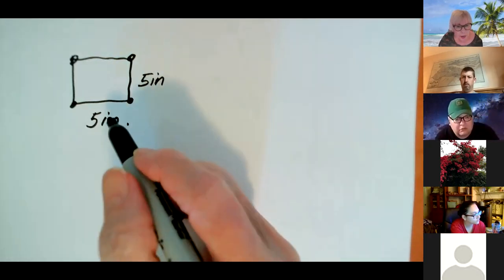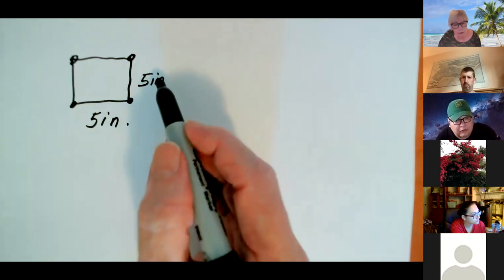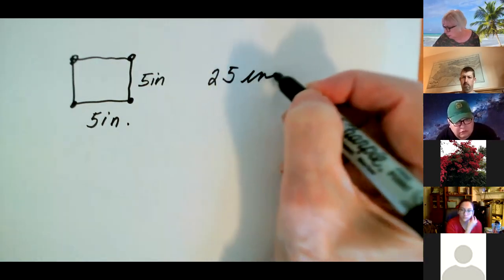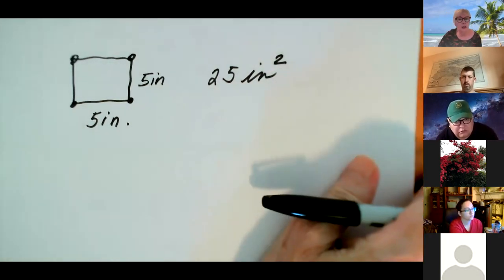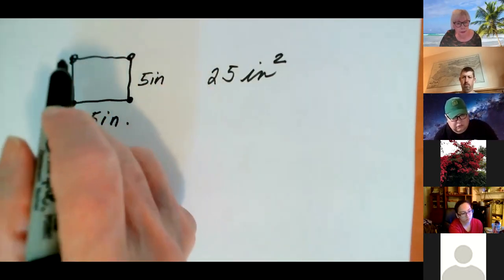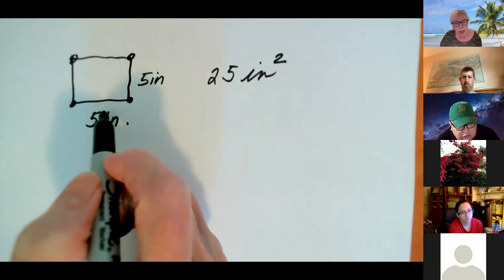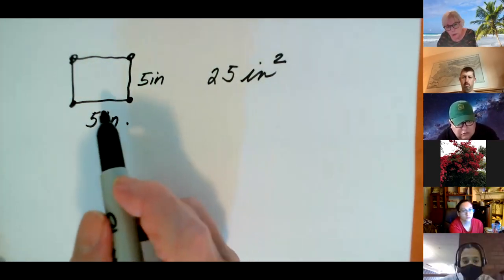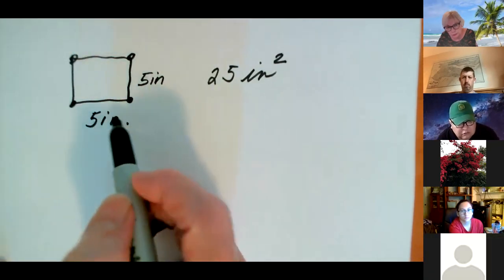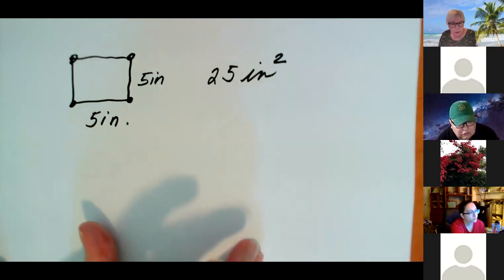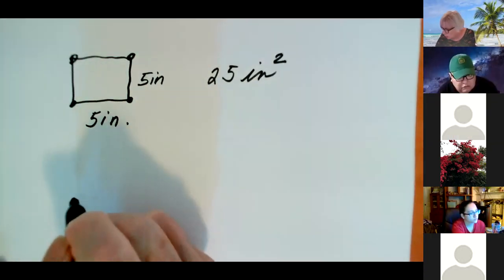And so in area, it's 5 times 5, which is 25 square inches. So this is connecting to the geometry, the square here. But what I want to show you is what happens if you go, this is two-dimensional. There's a length and there's a width, 2 dimensions. So it's flat.